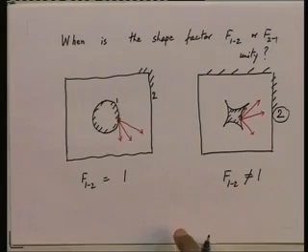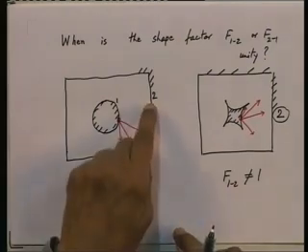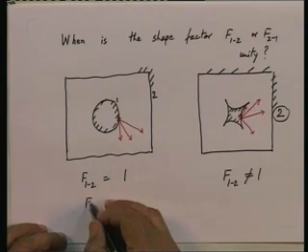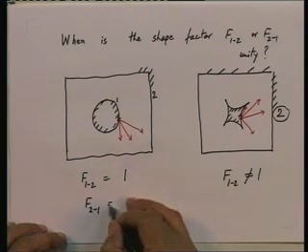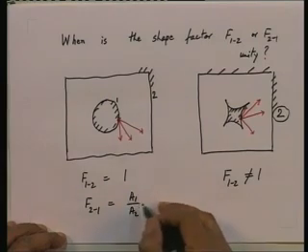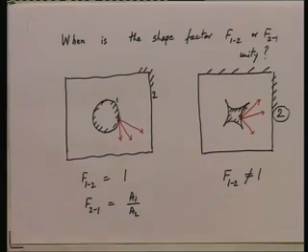Now, these are situations in which f 1 to 2 is 1. In such a case, if I ask you what is f 2 to 1, you will straight away say, for this case f 2 to 1 is equal to a 1 by a 2 multiplied by 1, that is a 1 by a 2. I do not have to use the double integral for f 2 to 1.